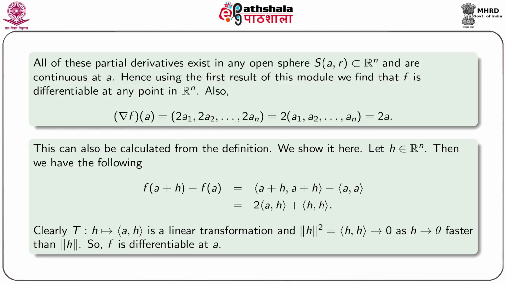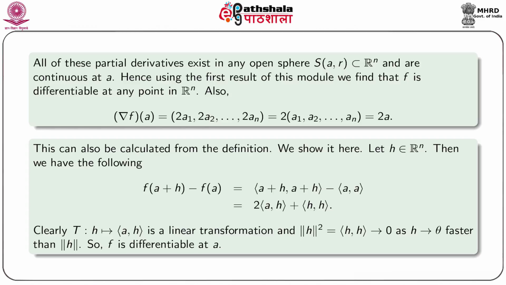In the first term of the right hand side, if we apply the additivity property of inner product, it will give me 4 terms. The first term will be inner product a a, which will vanish whenever we add it with the last term given. So, we finally have twice inner product a h plus inner product h h.